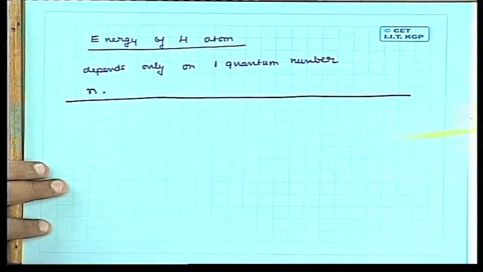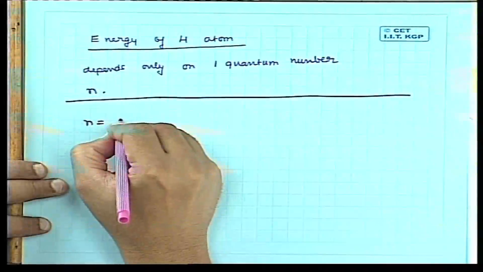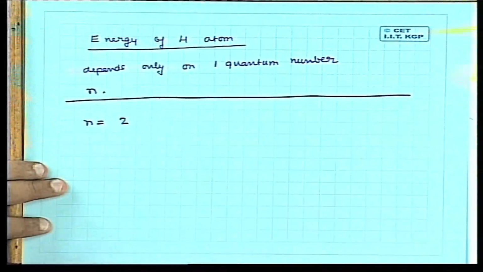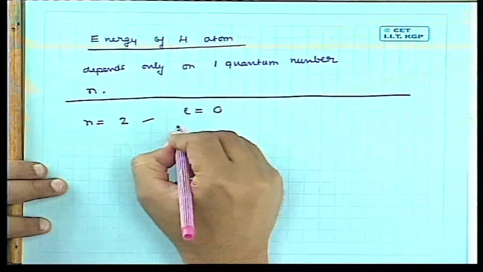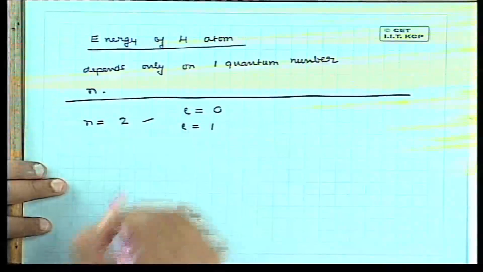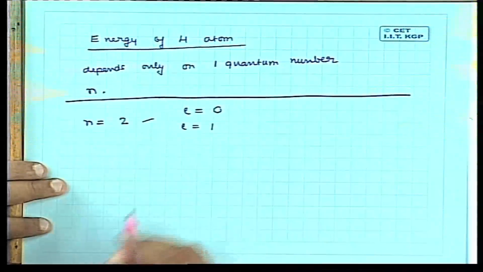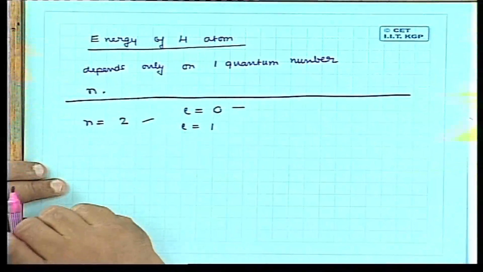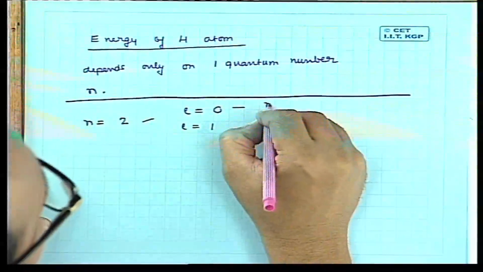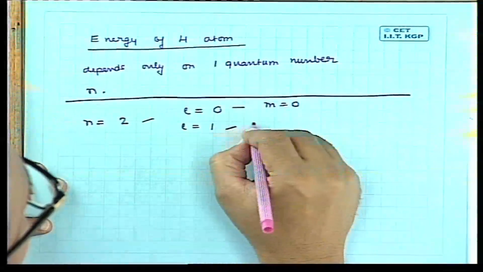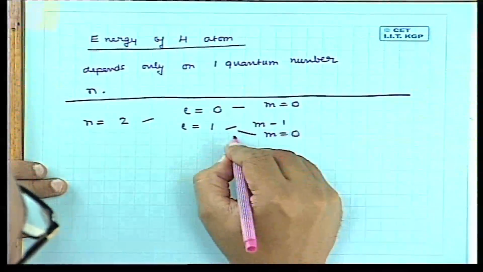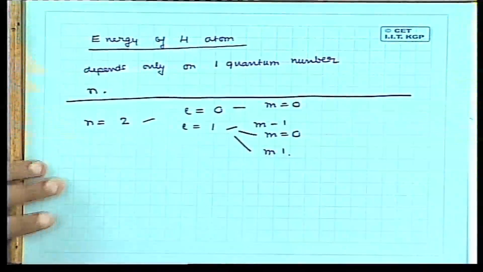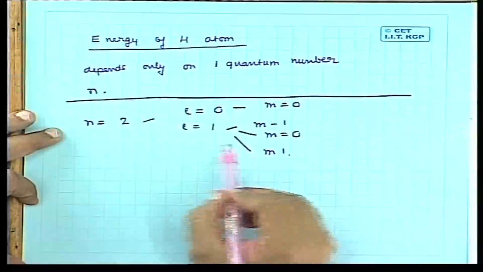If I fix n, it doesn't fix the state, because for example for n equal to 2, I can have L equal to 0 or L equal to 1, two possibilities. For L equal to 0, m can be 0; for L equal to 1, m can be minus 1, 0, or 1. So these are all degenerate states.